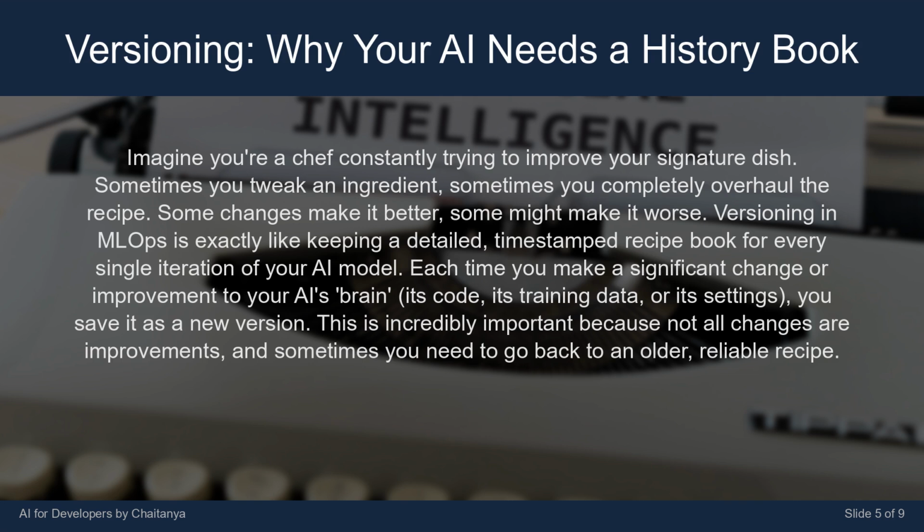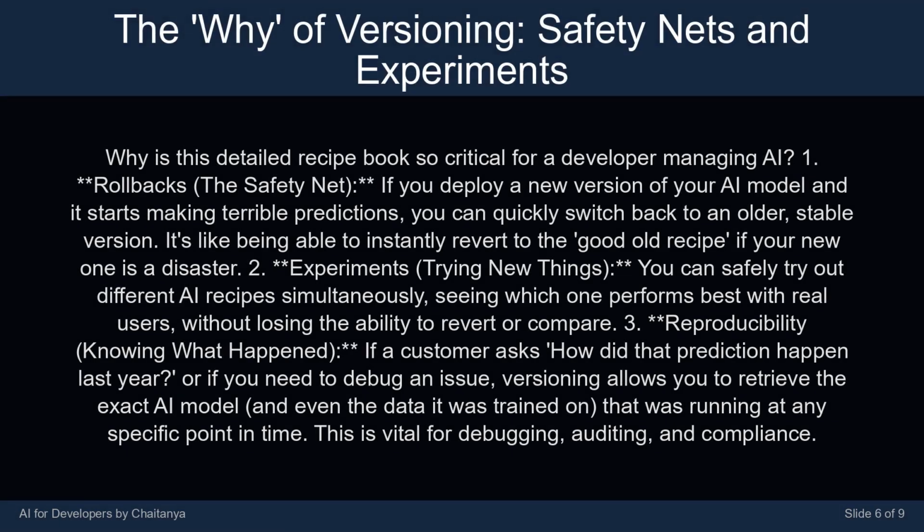Each time you make a significant change or improvement to your AI's brain, its code, its training data, or its settings, you save it as a new version. This is incredibly important because not all changes are improvements, and sometimes you need to go back to an older, reliable recipe.